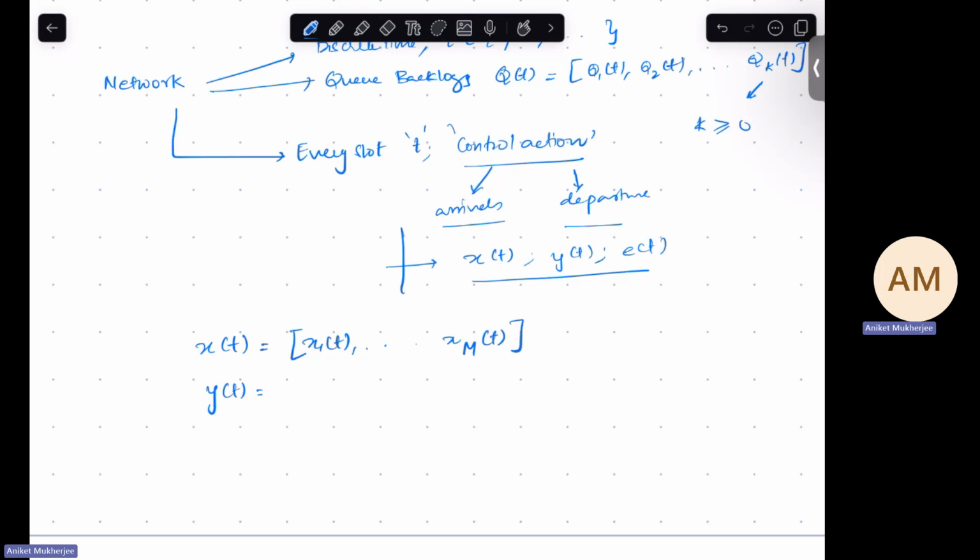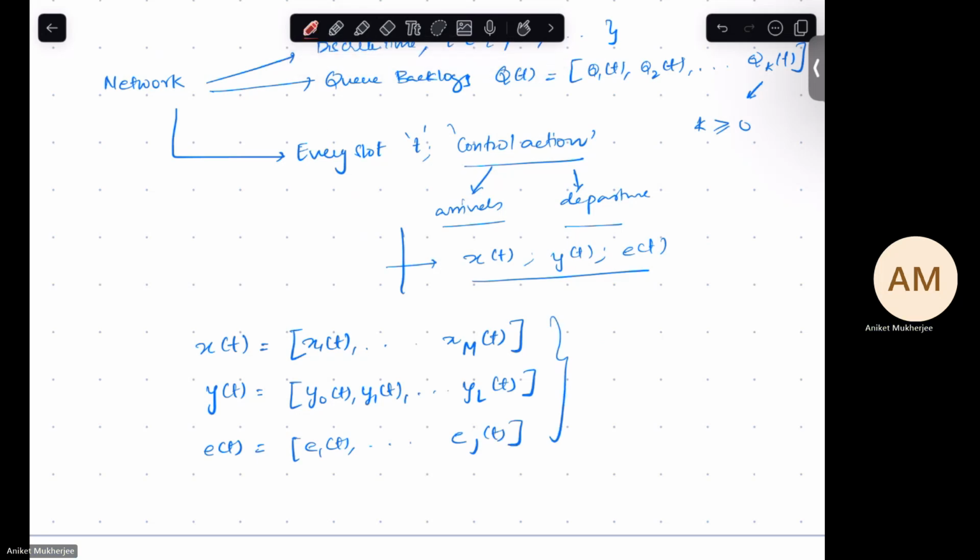We'll later define what x, y, e all are. Then y0(t), y1(t), up to yL(t), and e1(t) up to eJ(t). These are all vectors with different lengths.